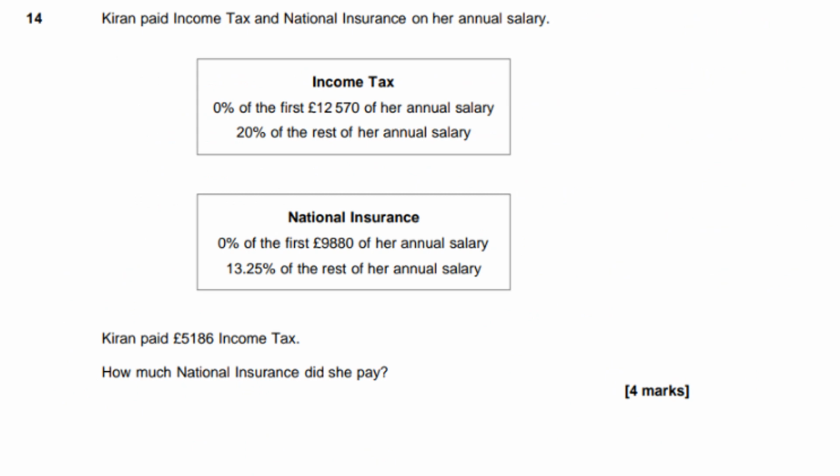Right, question 14. Kieran paid income tax and national insurance on her annual salary. Income tax is 0% of the first 12,570 of her annual salary. So that means up to £12,570, they are paying 0%.